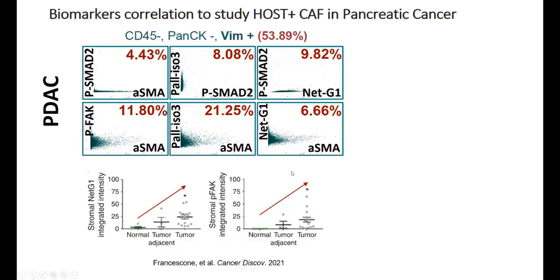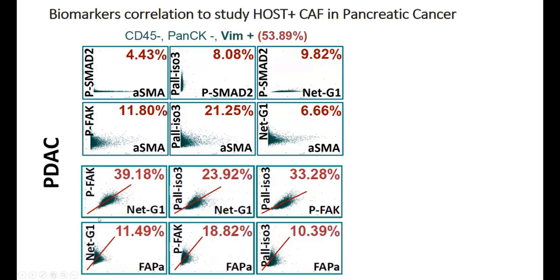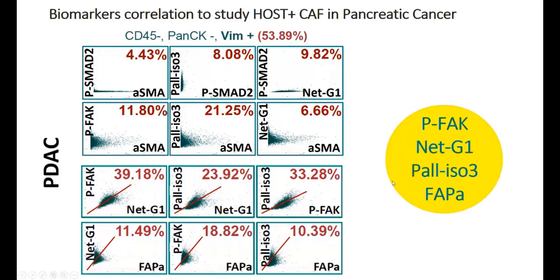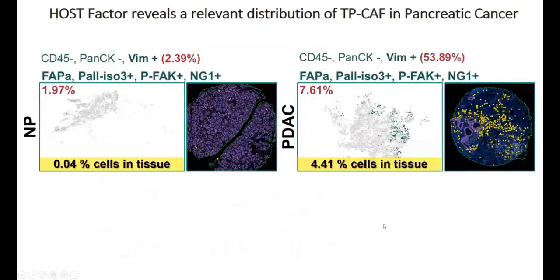So I started now to cross those parameters, and then is when we found the correlation that I was mentioning. So based on this correlation that I was looking, we came with this signature that is composed of these particular markers, in which now we included FAP. So then we went to look exactly for this particular subpopulation of CAFs, and this is what we found.